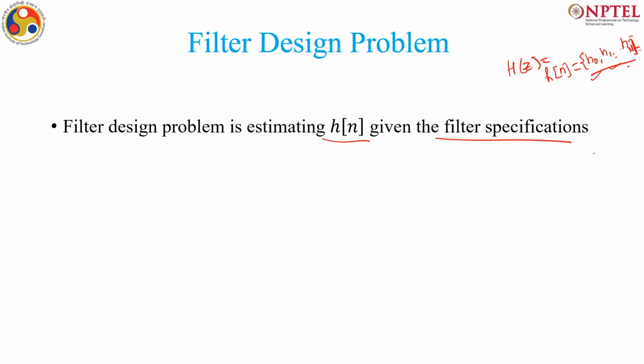For example, if I want to design a low pass filter, it should retain all the frequencies in the range 0 to fc hertz, and beyond fc hertz it should discard all the frequencies. If it is a high pass filter, it should retain everything beyond fc, and below fc it should discard everything.